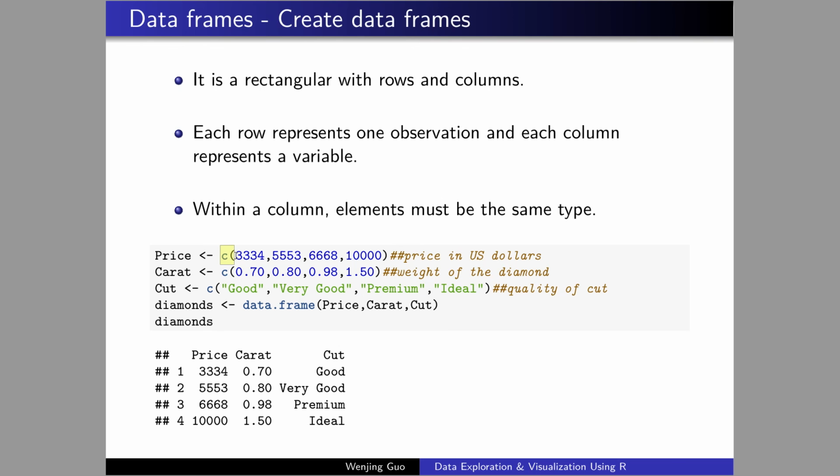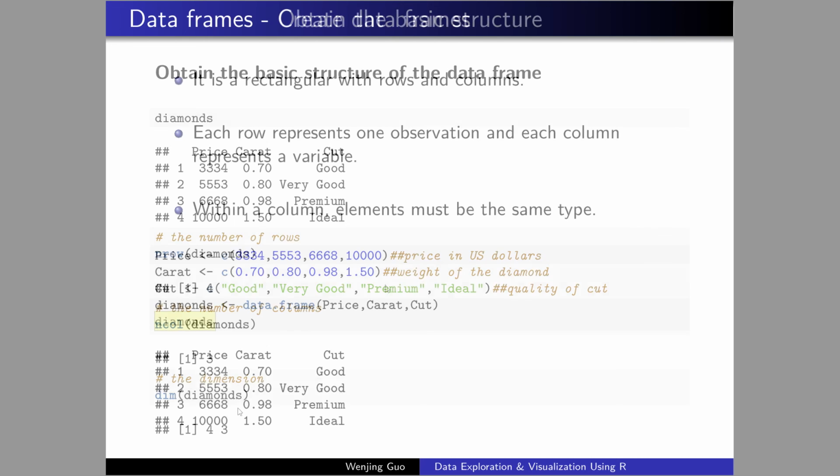After we create these three variables here, we can use the data.frame function to create a data frame in R. Then we use the assignment operator to assign this data frame to an R object, diamonds. If you type diamonds in R, R will return the data frame that we just created.